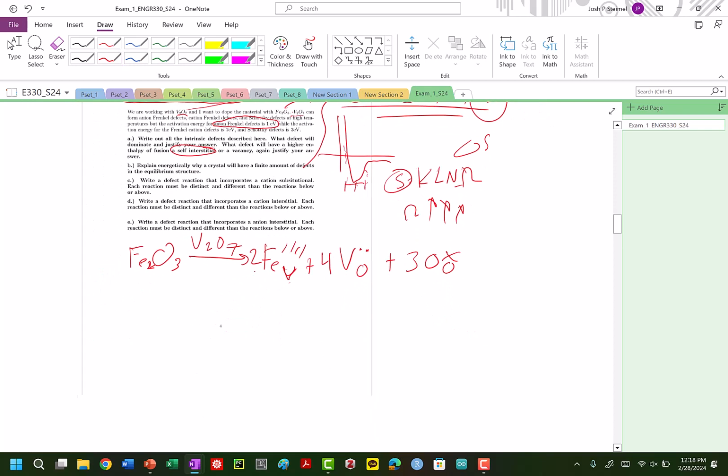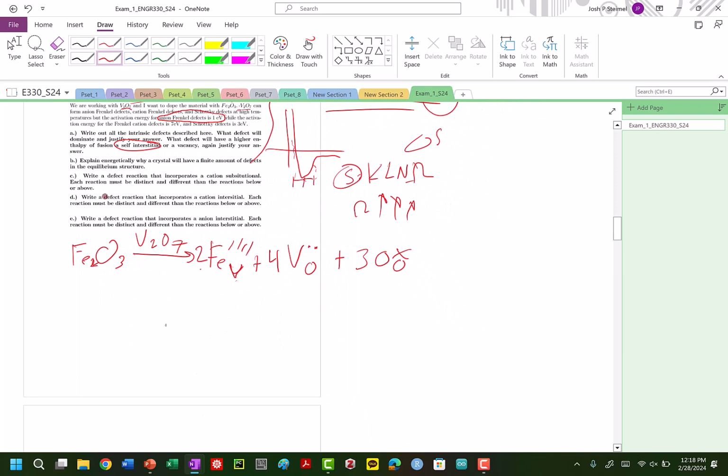Fantastic. Let's go ahead. Write a defect reaction that incorporates a cation interstitial. So Fe2O3 goes to V2O7. We have a cation on an interstitial. That's going to be plus 1, 2, 3, 1, 2, 3. I can now actually just rewrite this reaction. 1, 2, 3, 4 minus.